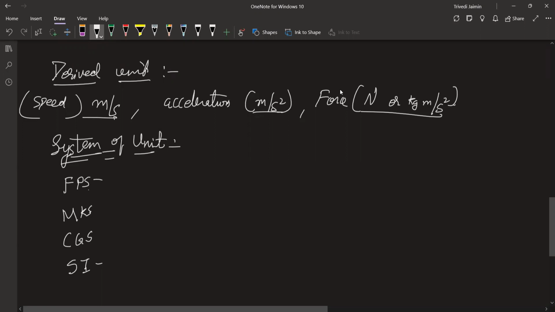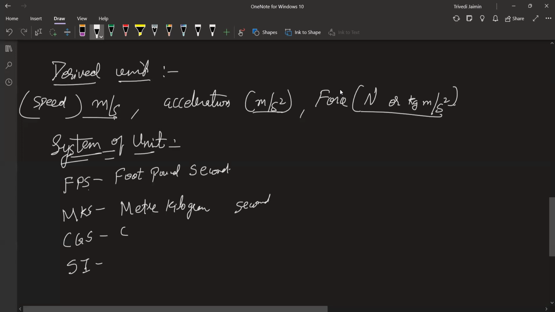So the first one: foot, pound, second. Second one: meter, kilogram, seconds. If you observe, the first is for length. Tell me for CGS.